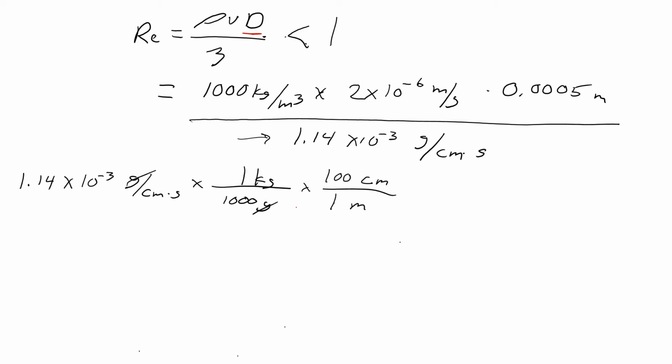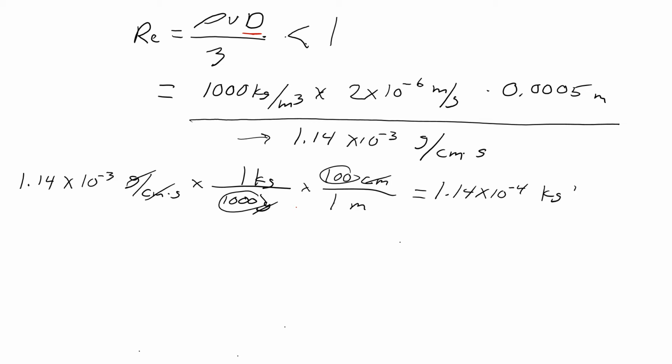We can leave our seconds the same. So we have 100 on the top right here, 1,000 down here. That means we're going to divide the whole thing by 10 ultimately. So we're going to end up with an answer of 1.14 times 10 to the minus 4. It's 10 times less than the previous answer.